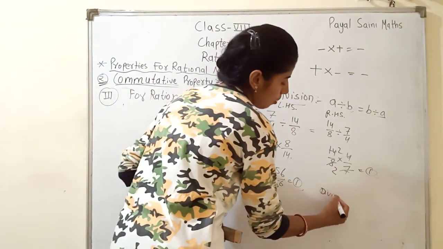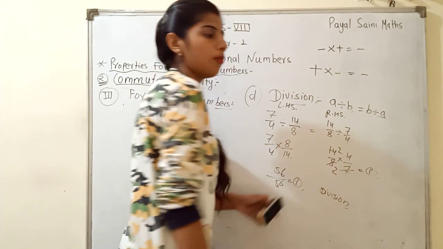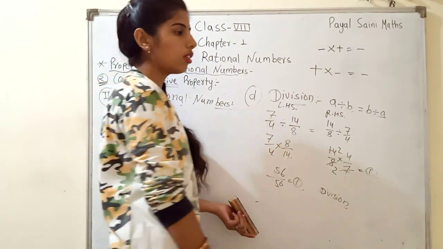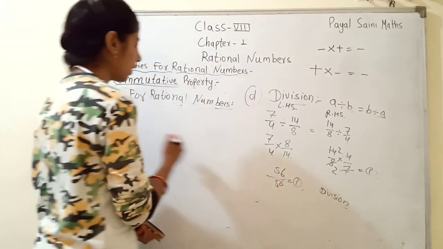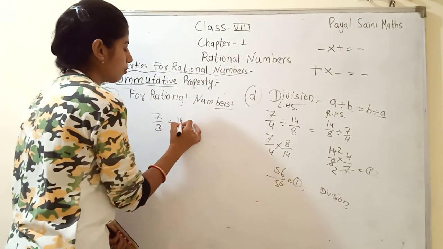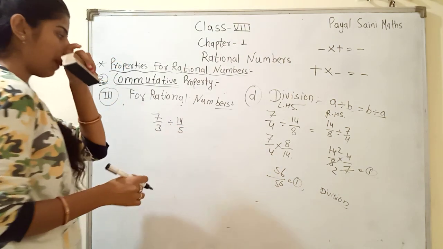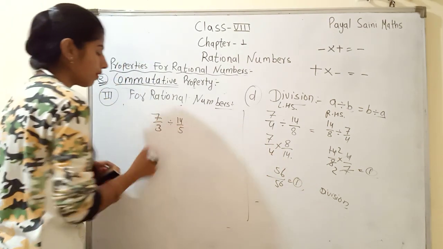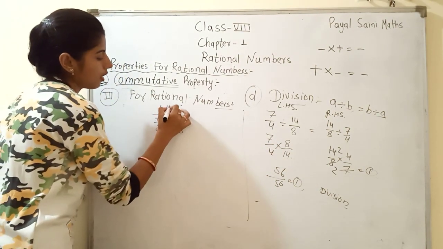For division sums, some examples are verified, but some examples are not verified. If I write 7 by 3 divided by 14 by 5, then it is your left hand side.